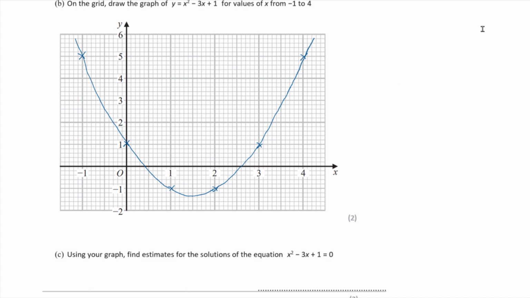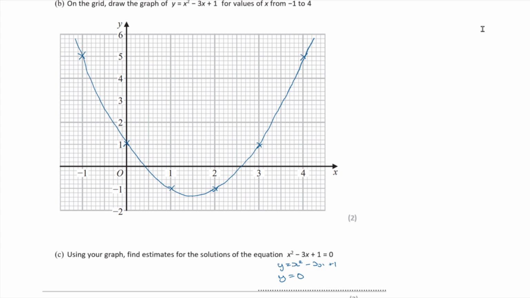Right, so then finally it says, using your graph, find an estimate for the solutions of the equation x squared minus 3x plus 1 is equal to 0. So remember we drew the line y is equal to x squared minus 3x plus 1, and the line y is equal to 0 is the x-axis, isn't it? That's the equation of the x-axis.